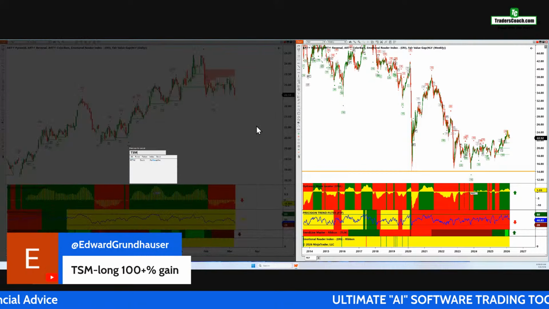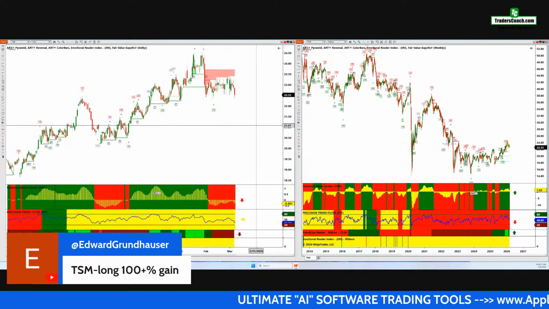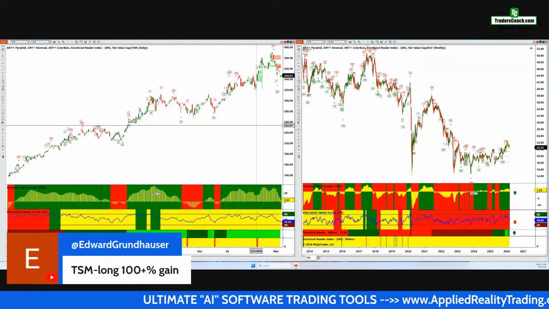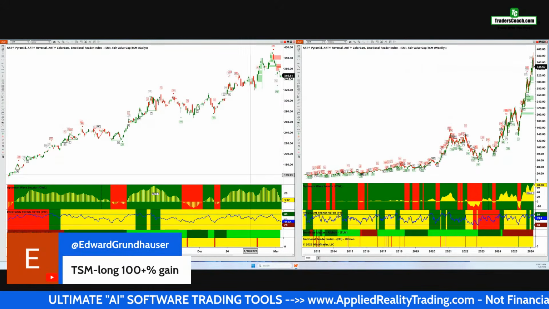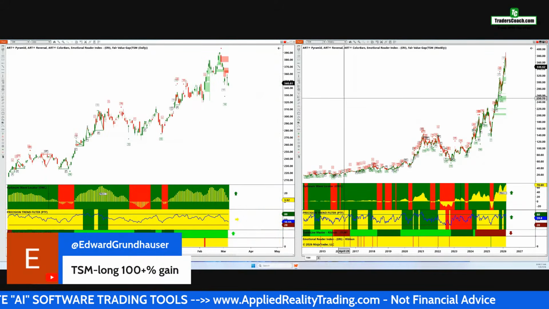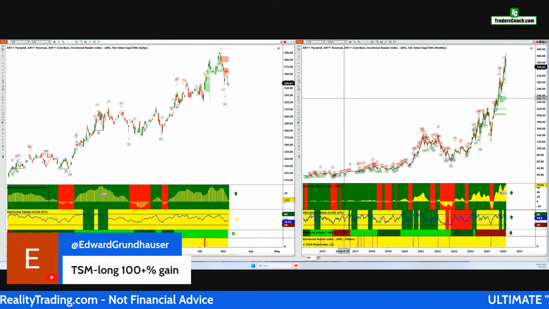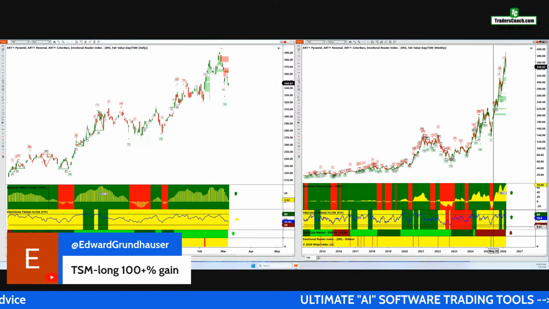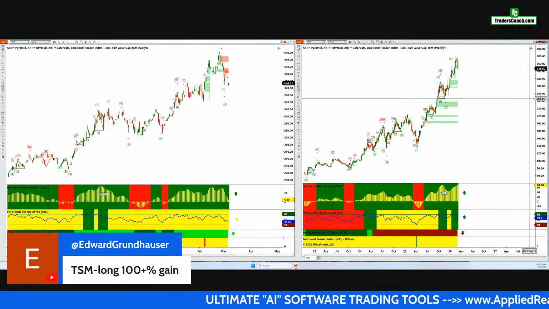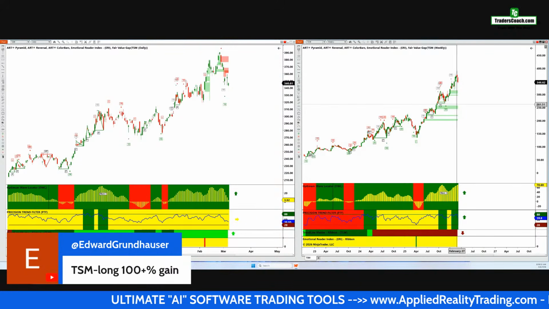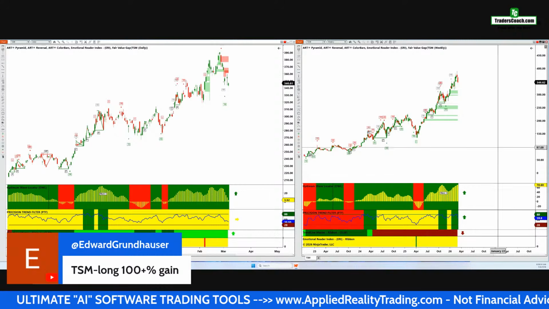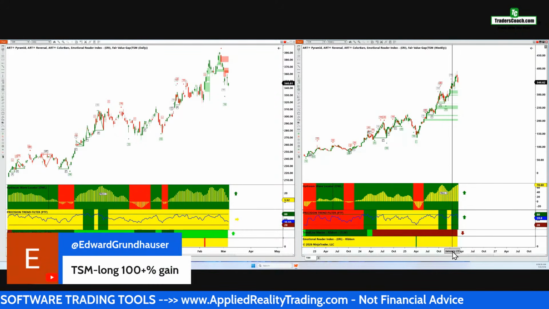TSM. Let's see what we got here. Long, 100% plus gain. Well, it's due for a correction. Look at that weekly chart. Oh my gosh. More highs are coming. The question is, how much of a pullback are we getting?